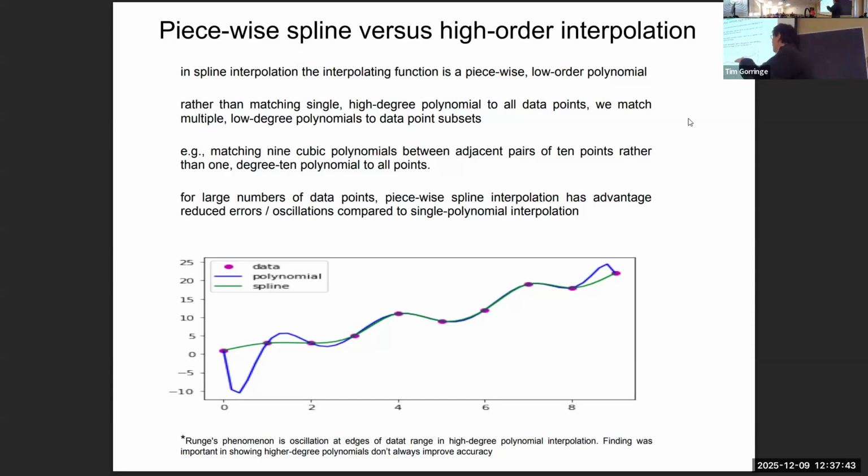A piecewise spline is another way of matching the data points, just like the higher order polynomial was matching the data points. For example, I've got 10 data points in this example, in magenta. I can put a high order polynomial going up to ninth order through that set of data points. That's what the blue curve is, the high order polynomial passing through those data points.